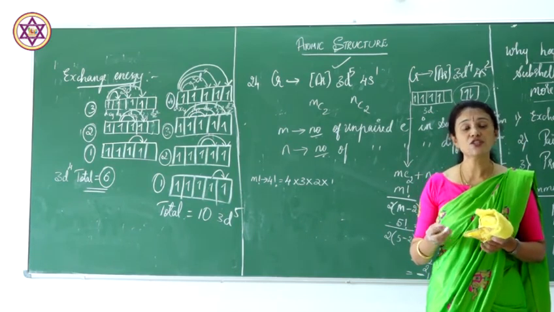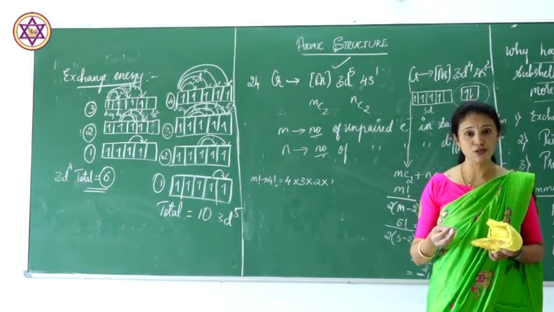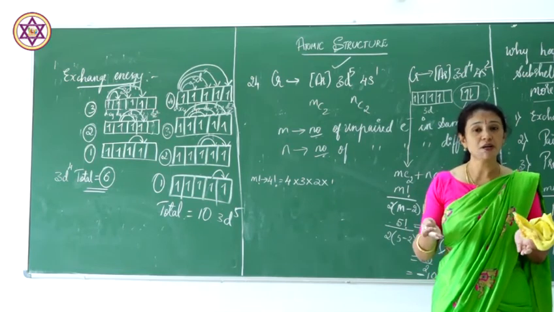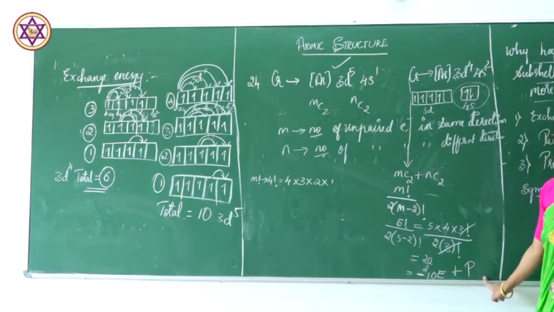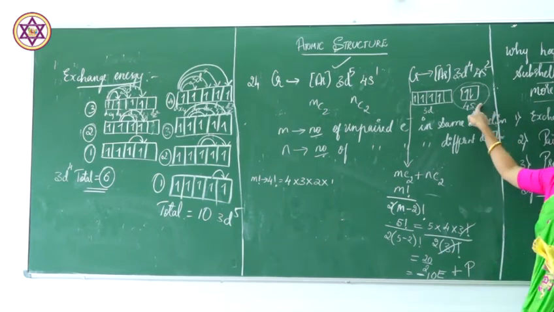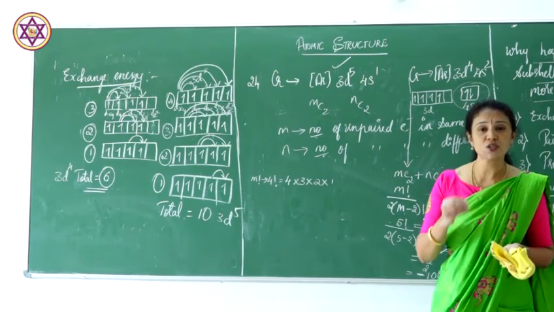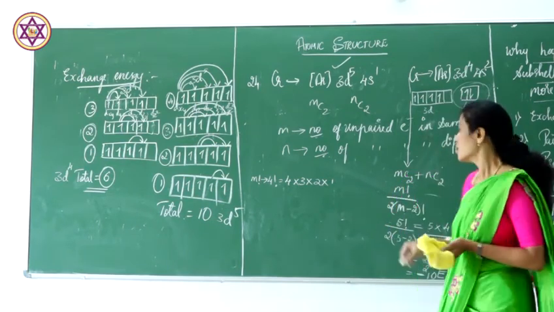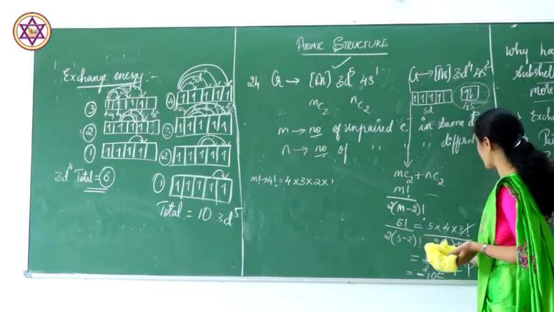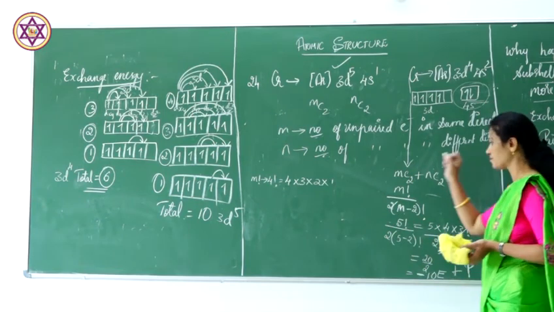Pairing energy means the amount of energy required to pair 2 electrons. It is denoted by the symbol P. So pairing energy is required here, that is P.